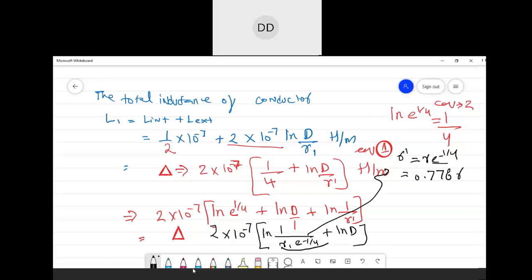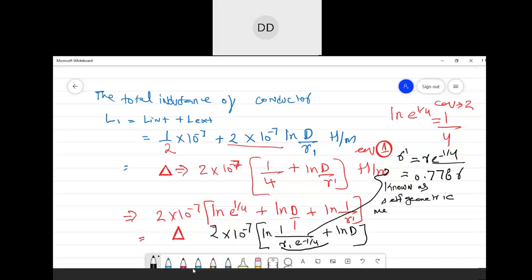If you calculate this e power minus 1 by 4 value, it is 0.778 r, and this term is known as the self geometric mean distance.